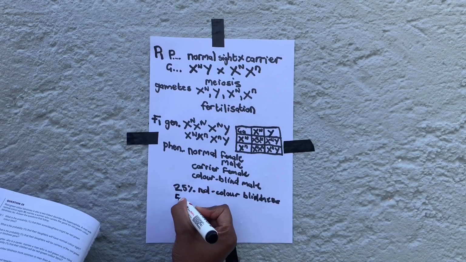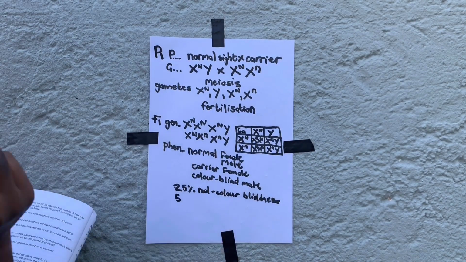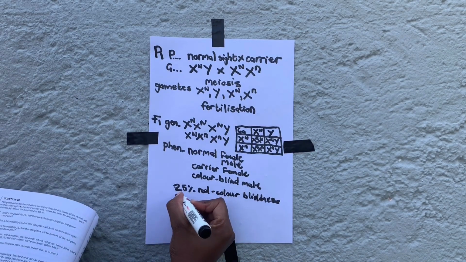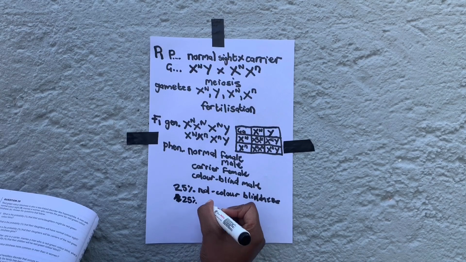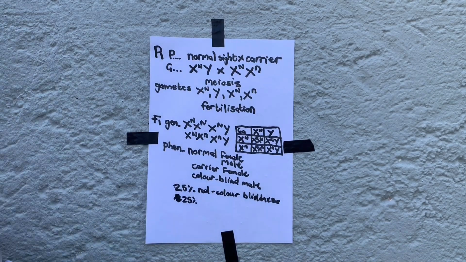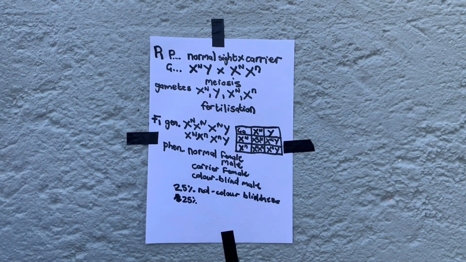So I say 50%. No, it's 25%. I don't know, it's 25%. And then what is the probability that their daughters will be carriers? Then that is where you say 25% that they will be carriers.